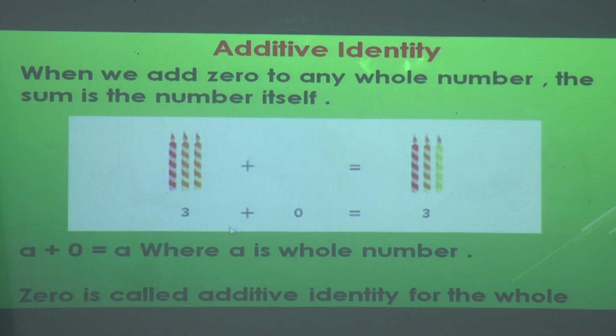To any whole number we add 0, we get the whole number. That is a plus 0 is equal to a. 0 is called the additive identity for the whole numbers. So 0 is nothing but called the additive identity. Remember students?